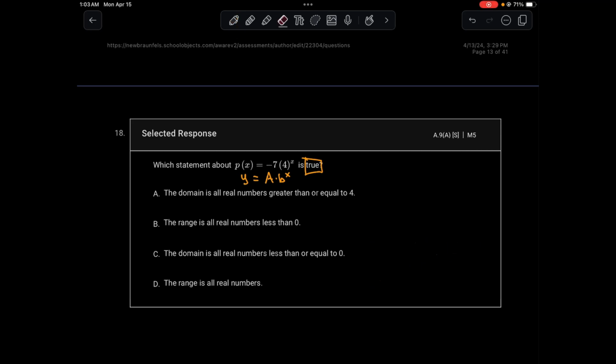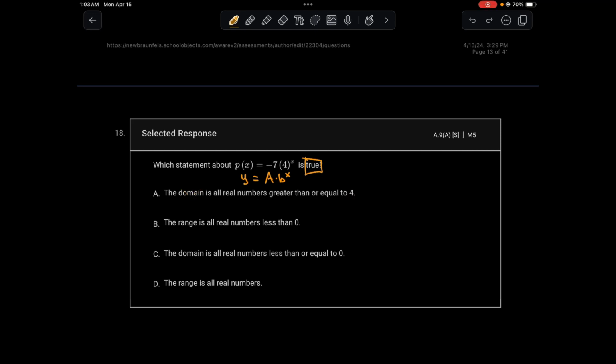Well, if we have this in mind, we can check and see which options refer to the wrong domain. So let's see, we have the domain is all real numbers greater than or equal to 4. We know that this is not true because it tries to restrict the domain.